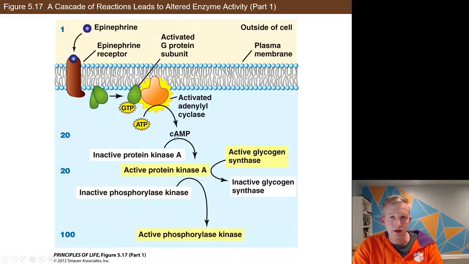Each of those cyclic AMPs can lead to protein kinases being activated, and each of those protein kinase A's can lead to 5 additional phosphorylase kinases before the protein kinase itself is no longer active. So if we had 20 cyclic AMPs and 20 protein kinases, each can make 5 of the next thing. Now we have 100 of these phosphorylase kinases.